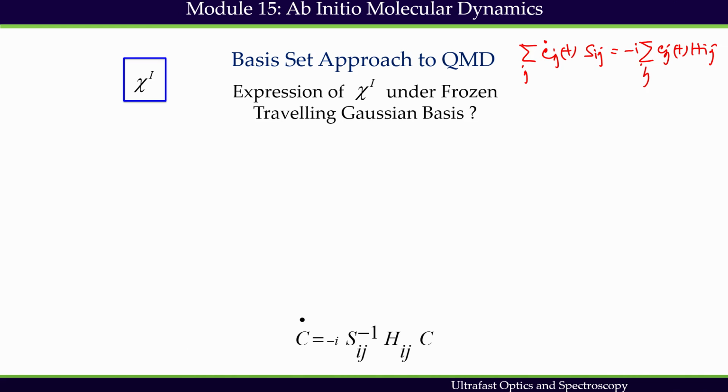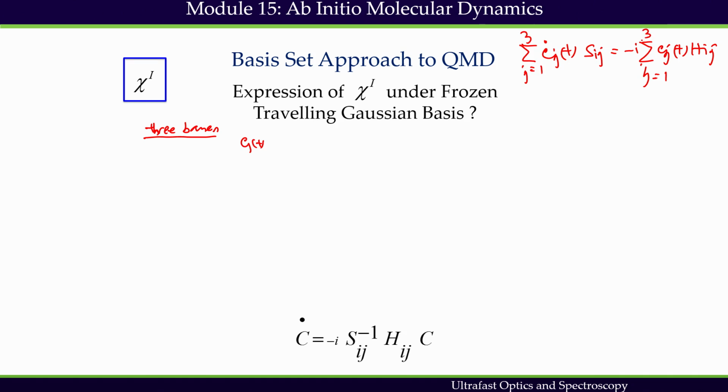Now if I consider three bases, then j would be 1, 2, 3.